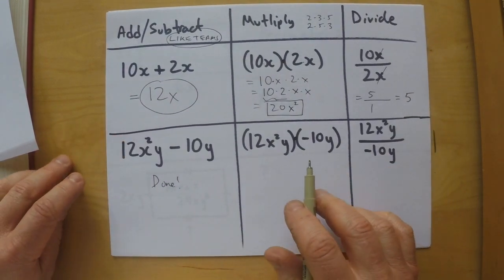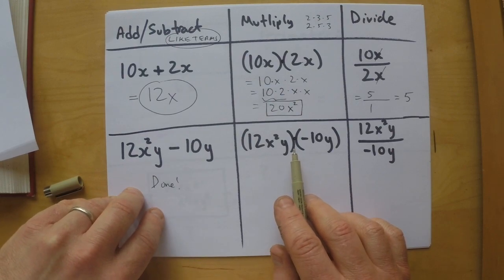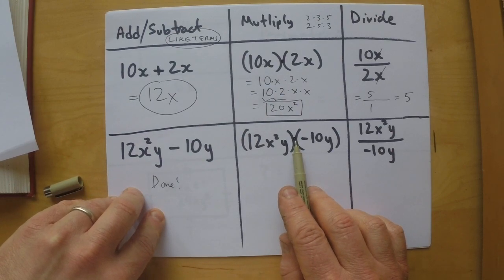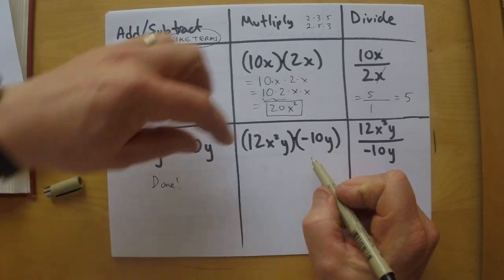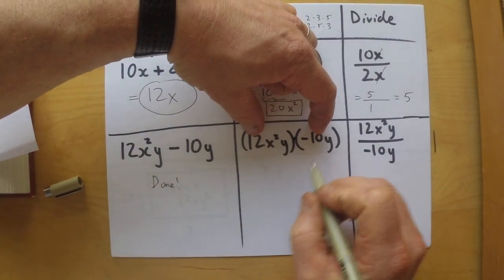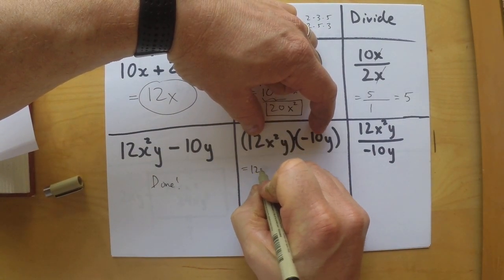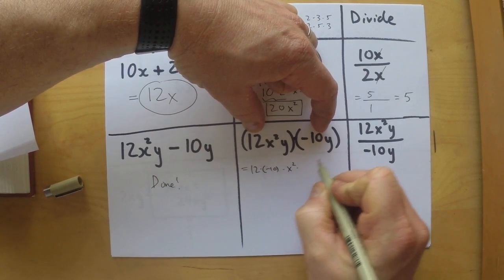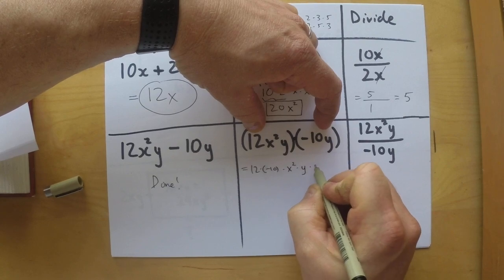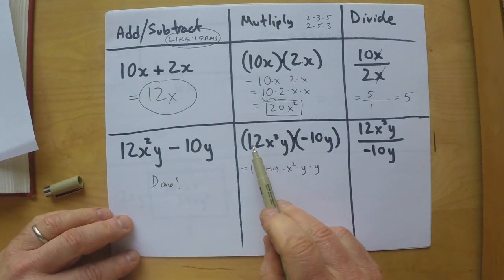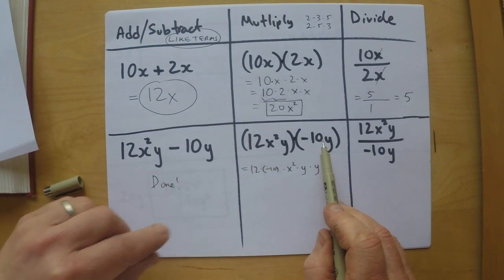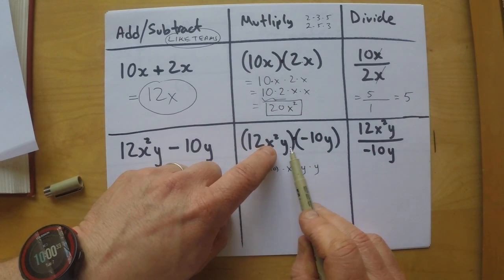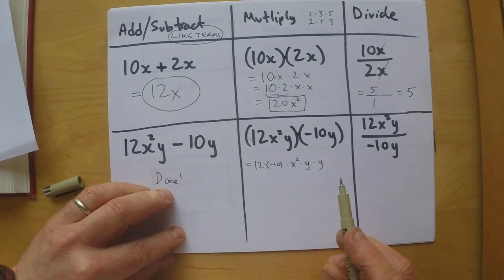The next one is multiplying. When you multiply, you are allowed to reorder this. So I can put the 12 times the negative 10 together, and I can put the x squared and the y and the y. So all I've done is reordered it. I can multiply the coefficients and I can multiply the x squared, the y, and the y.